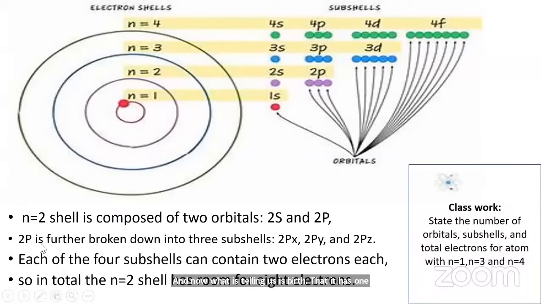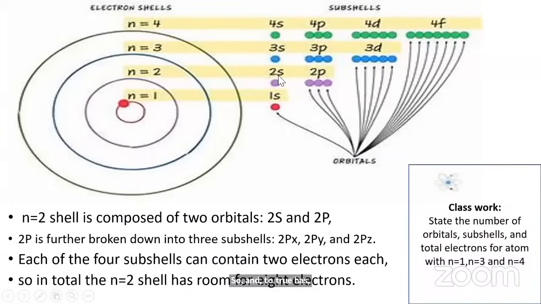And what it's telling us is that it has one orbital here. For n equal to 2, the shell is composed of two orbitals, the 2s and the 2p orbitals. That is what we have for n equal to 2.